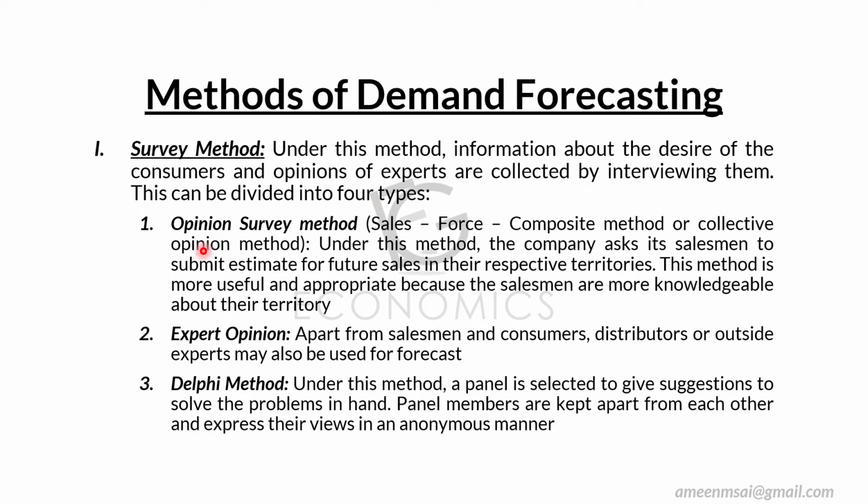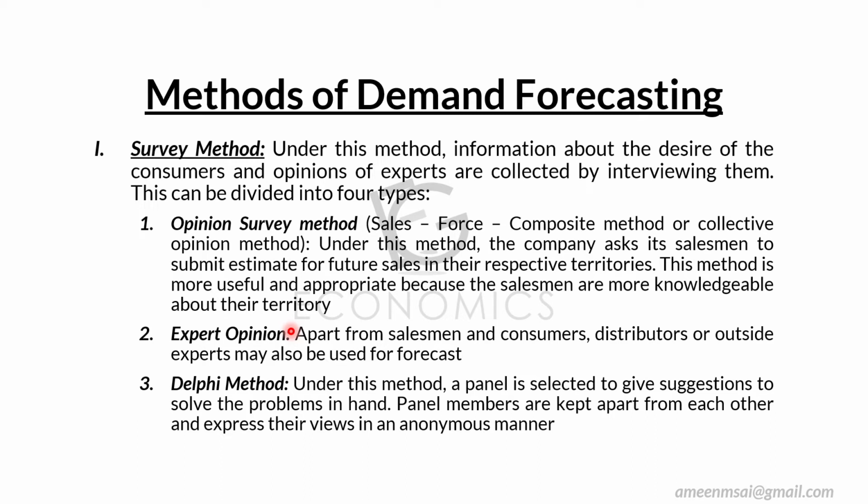Again, we can divide the survey method into various types. The first one is the opinion survey method. Under this method, the company asks its salesmen to submit estimates of future sales in their respective territories. This method is more useful and appropriate because the salesmen are more knowledgeable about their territory.